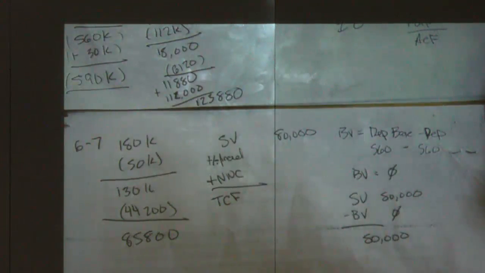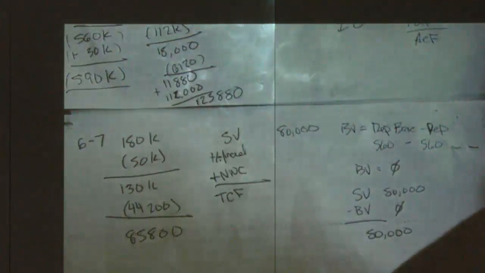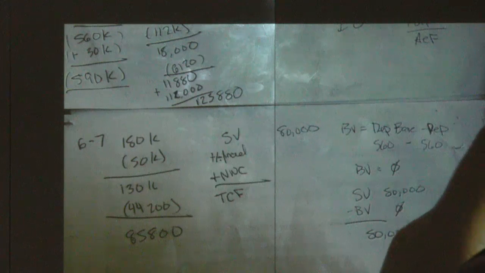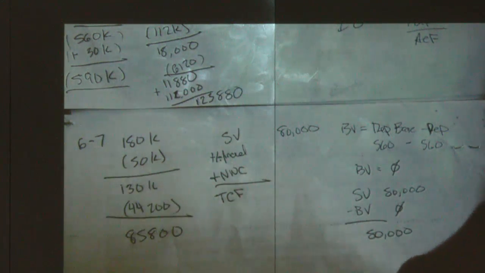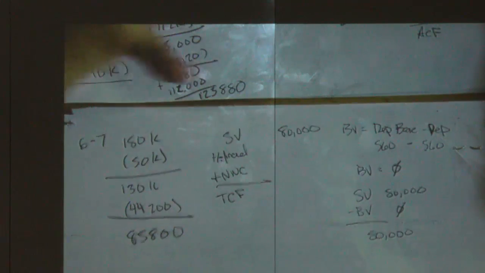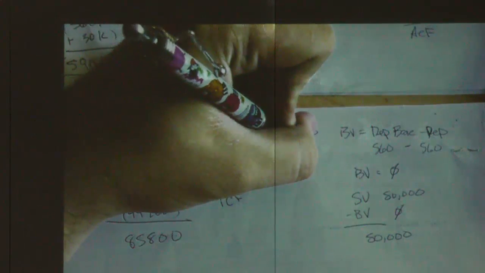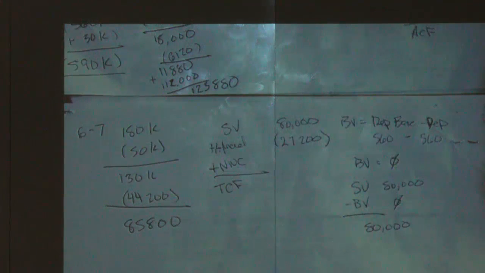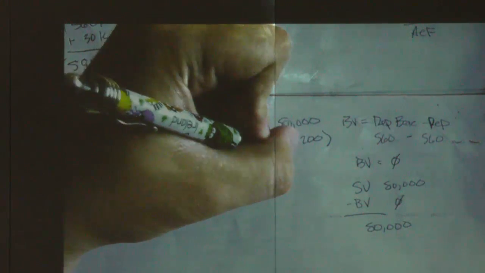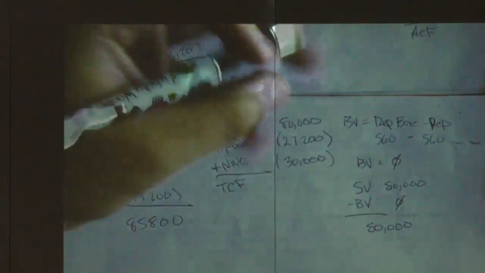Now this is all in your practice worksheet, so if you guys can look up those problems as well. All right, so 80,000 times 0.34 gives you 27,200, which you're subtracting, because this comes from your taxes on that gain. We're going to add back our net working capital, which is 30,000. Or sorry, that's not a negative, that's a positive. And you should end up with a terminal cash flow of 82,800.